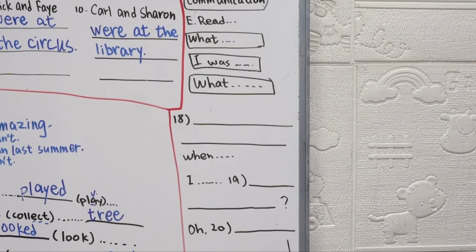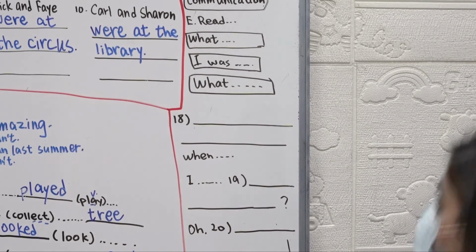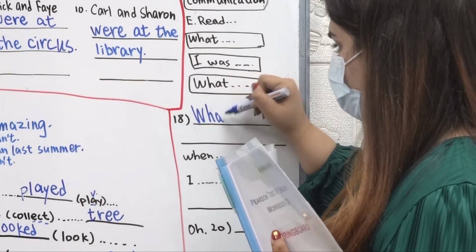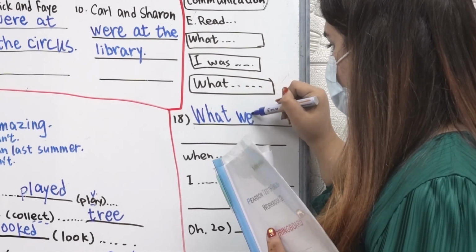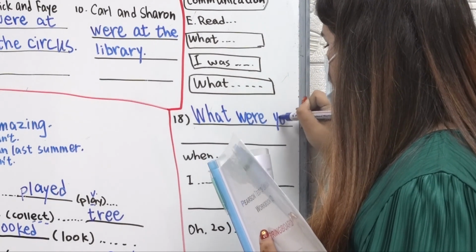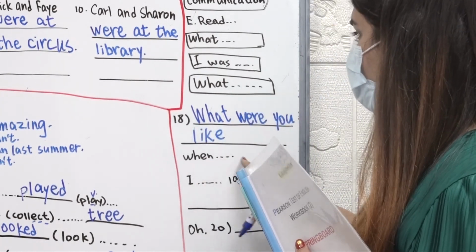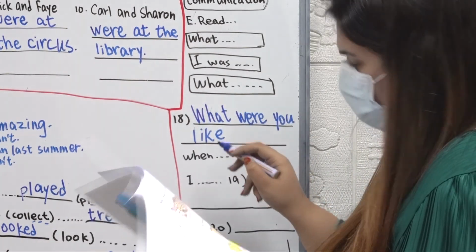Number 18, alright, number 18 for you is what about you when you were a baby? I was a noisy baby when you were a baby, or what were you like when you were a baby? Yes, that should be what were you like when you were a baby? Yep.